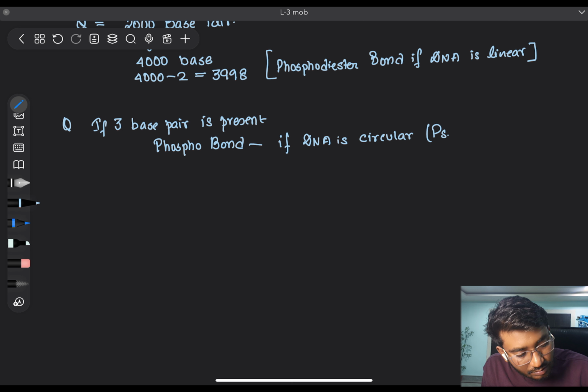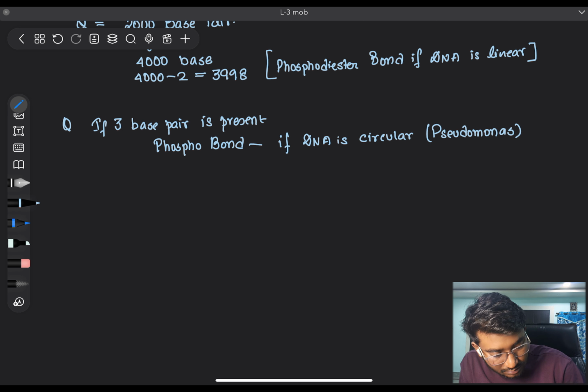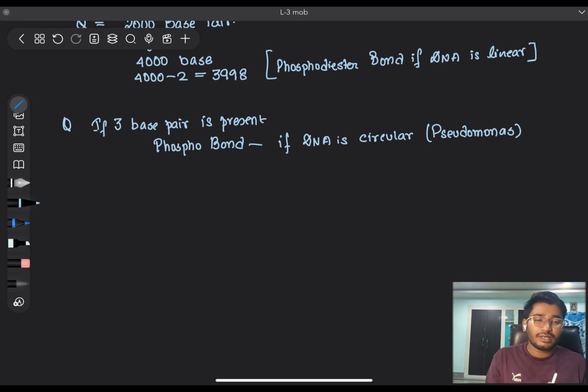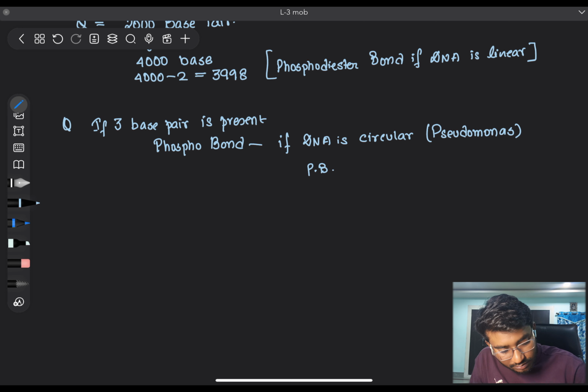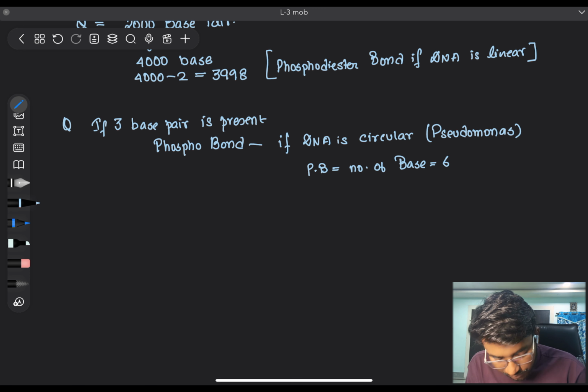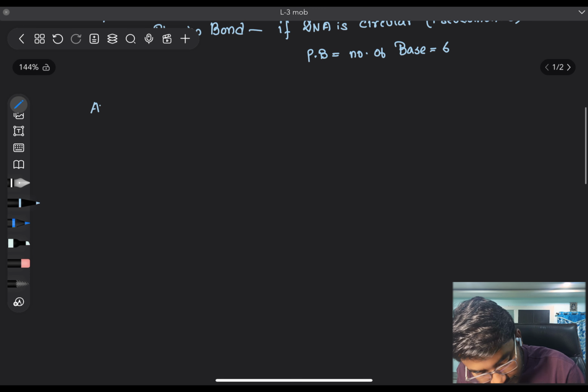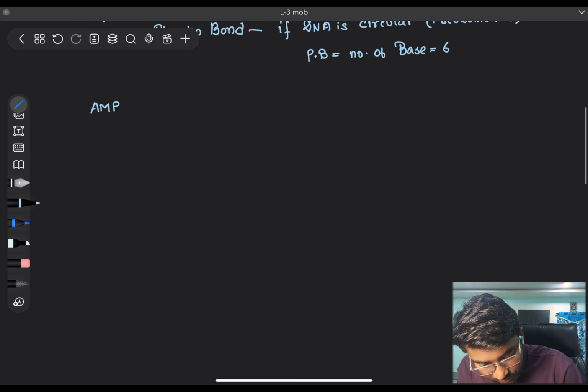In case of pseudomonas, the number of phosphodiester bonds equals the number of bases, which is 6.